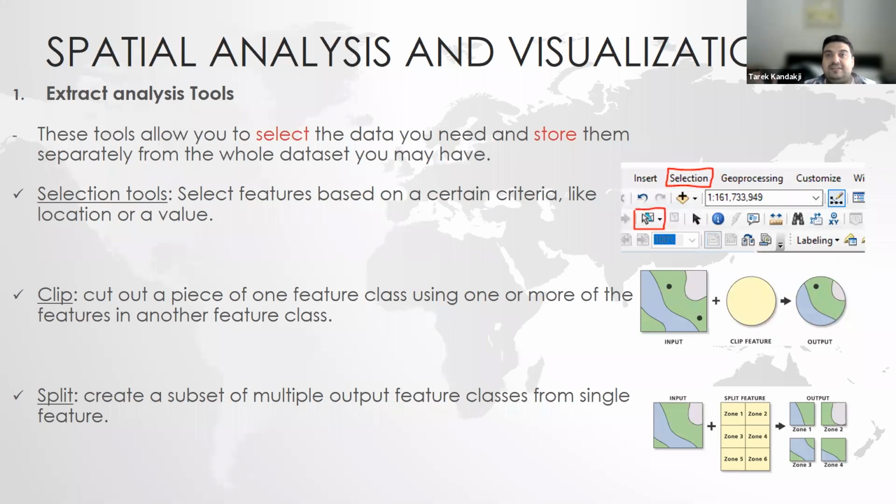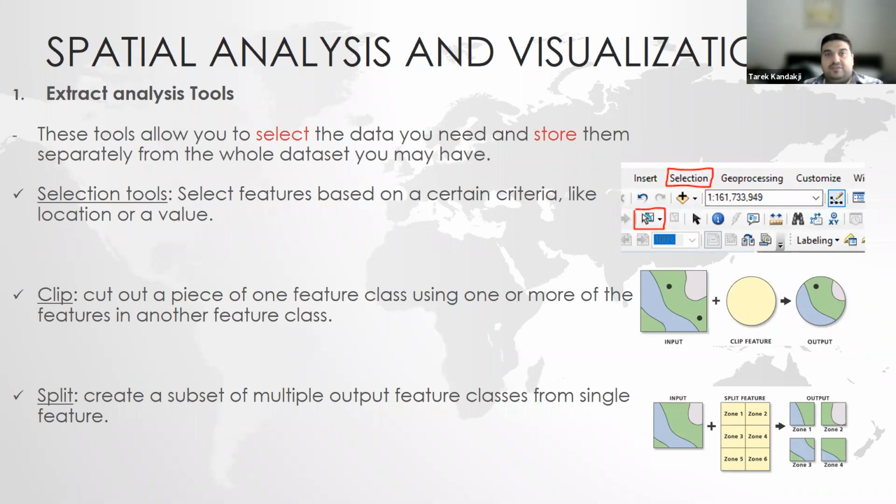Because when you download data, sometimes you download a data set that covers a huge region. Let's say you're studying Egypt, Libya, and maybe Tunisia, this is your study area, and you download a data set for Africa, but you don't care about all of Africa, you care only about those countries, Egypt, Tunisia, and Libya.